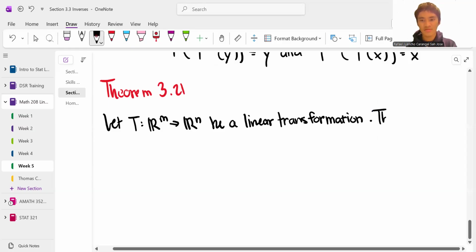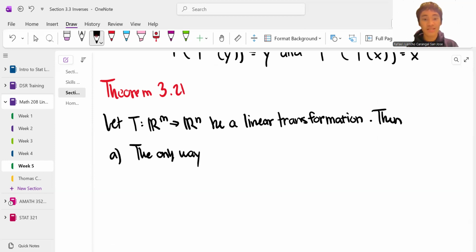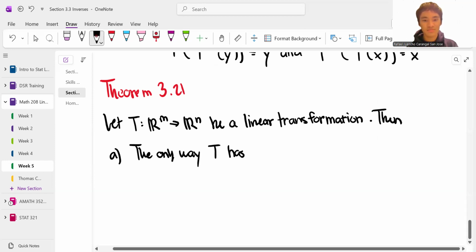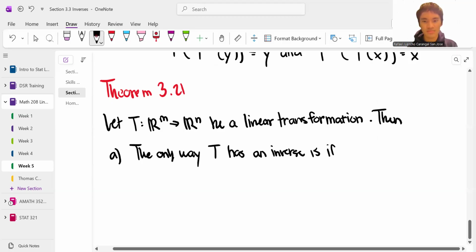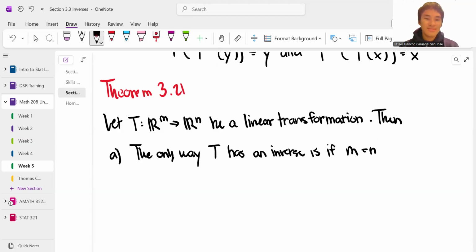And then we have the following. The only way, and this is key, that T has an inverse is if m is n. They have to have the same number of components.